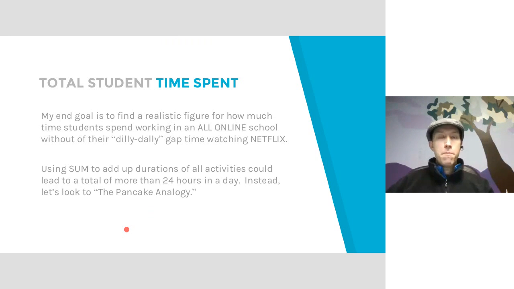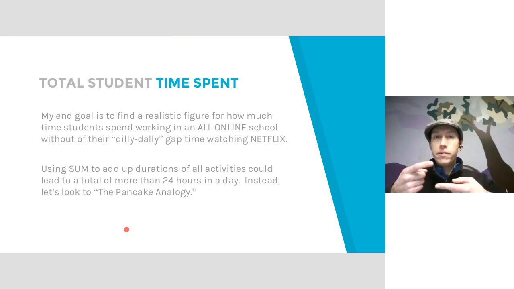So my goal is to figure out how much time students are actually doing specific tasks. It could be doing a quiz, it could be completing an assign activity. And we don't want to sum up and add all of the durations for those different activities together, because then that could theoretically give us more time spent than an actual day, than 24 hours in a day.